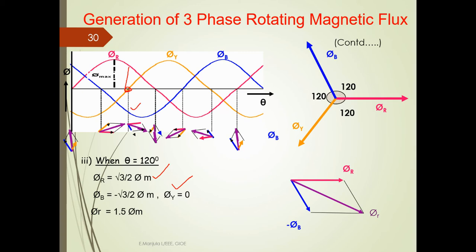So this is the vector diagram at theta equals 120 degrees. This is positive and this is negative, and the resultant phi r is 1.5 phi maximum, that is 2 into root 3 by 2 phi maximum cos of 60 by 2.